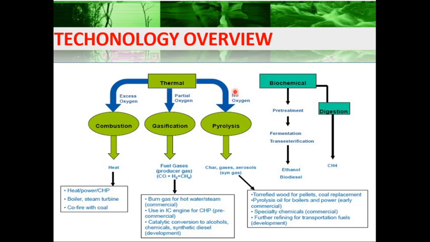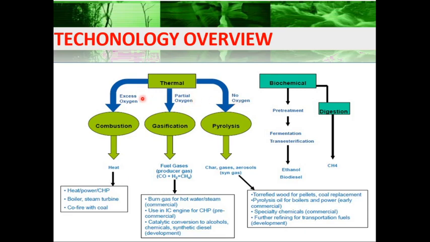Now the technology used to produce energy from waste material. Here is the overview. Two types are there: the thermal process and the biochemical process. First we will see the thermal process. In the thermal process, the waste material is processed by three methods: by using excess oxygen, by using partial oxygen, and by using no oxygen.